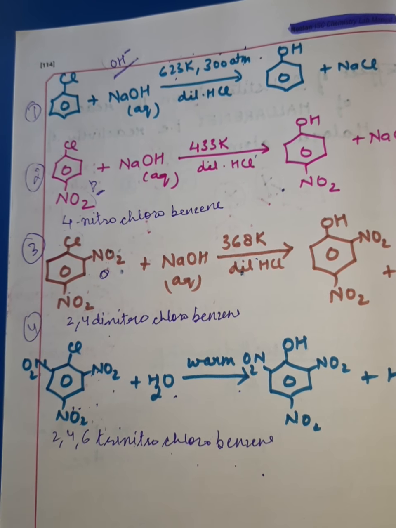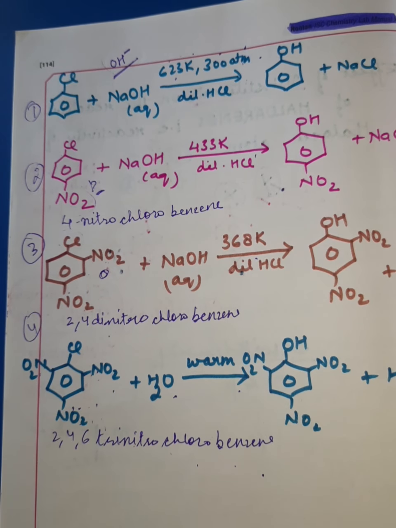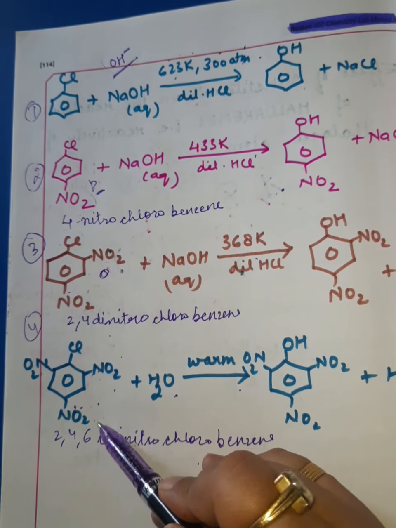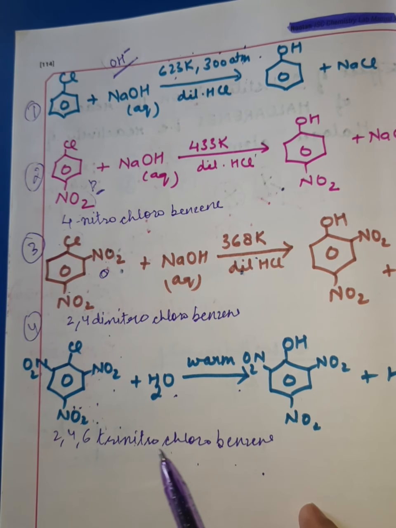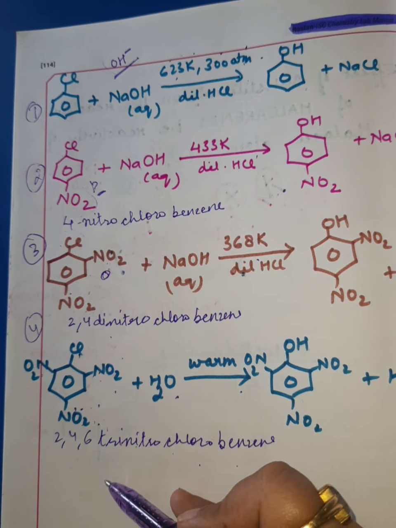Not only this, there is one more strong observation we can have through these examples, that more the number of such groups, more is the reactivity of the halogen atom towards nucleophilic substitution.